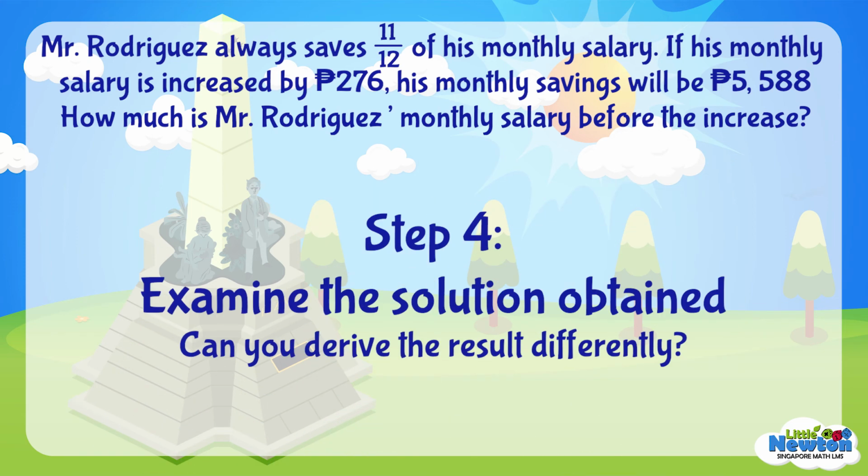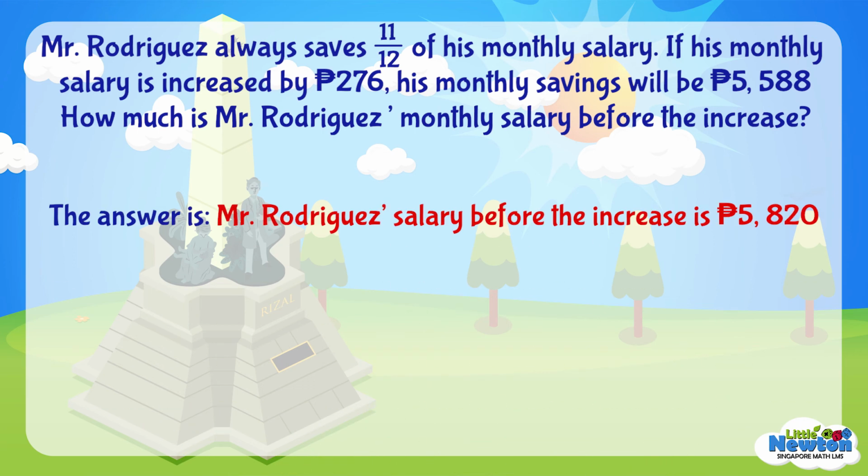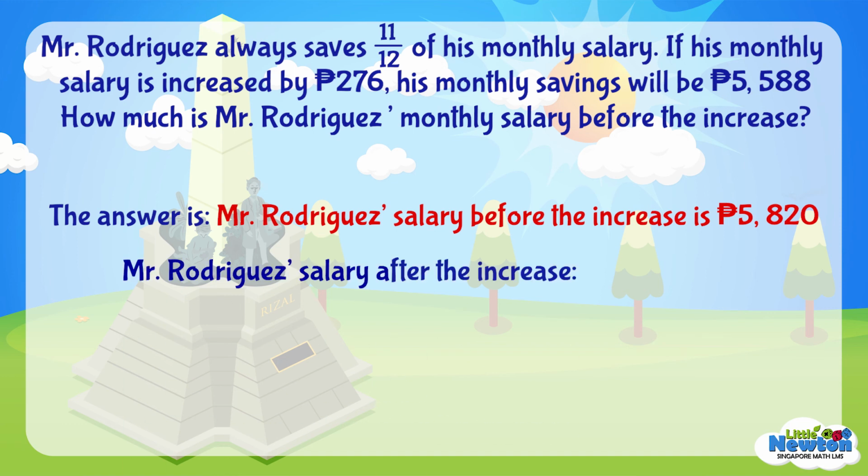Let's move on to check our answers and ensure they are correct. From our answer, Mr. Rodriguez's salary is 5,820 pesos before the increase. After the increase, Mr. Rodriguez's salary is 5,820 pesos plus 276 pesos equals 6,096 pesos.